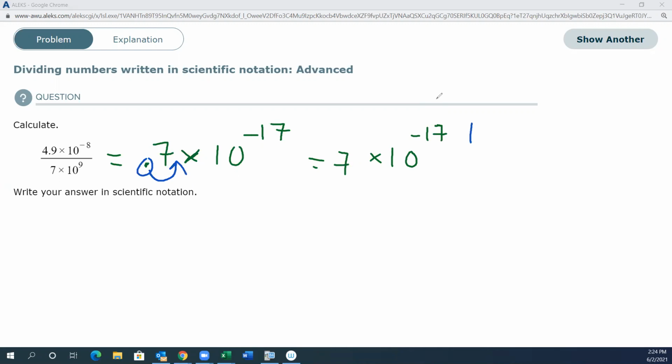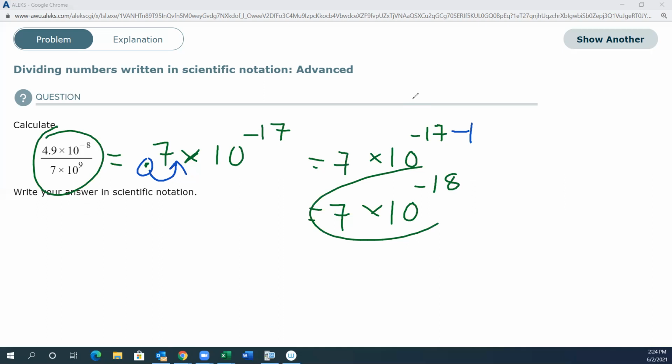To compensate for that, the exponent's going to be minus, because that'll shrink it back down to the original size it was. So then I get 7 times 10 to the -18. And of course, on all of these, you can plug the original in on the main screen, plug in the final, see if you get the same answer. If you don't, well, then there's a problem.